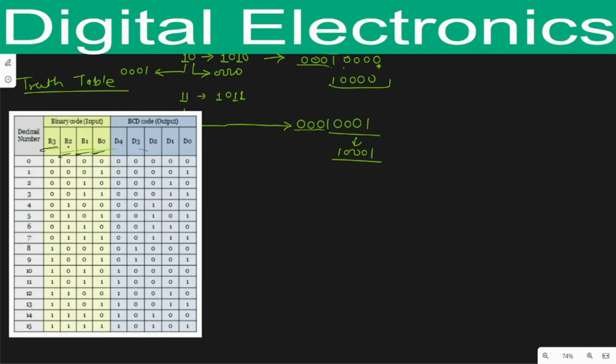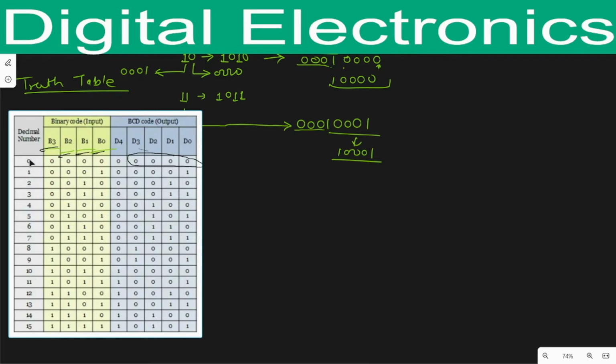When we write the binary representation of 0, we write 0000, and the BCD representation of 0 will also be 0000. These bits are the BCD representation of 0.